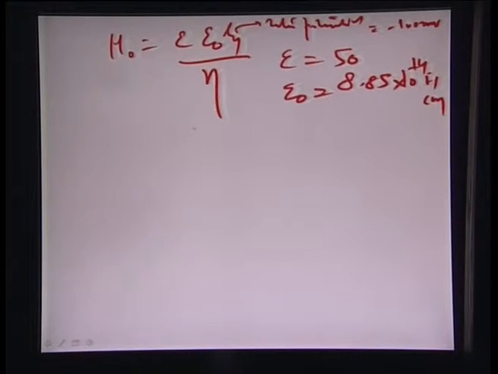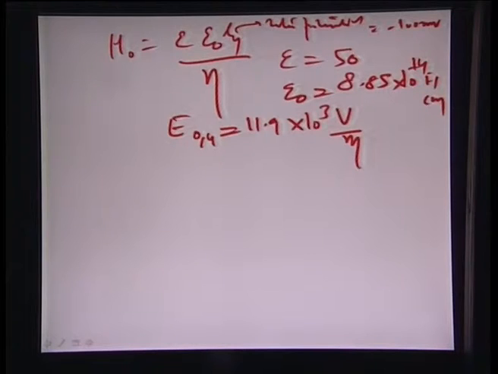And we already know from our previous calculation of the electric field in arm length 4 that the electric field E between 0 and 4 is essentially 11.9 times 10 to the power of 3 volts per meter. We assume the viscosity of the aqueous fluid, as given in this question, to be 0.001 kg per meter second.